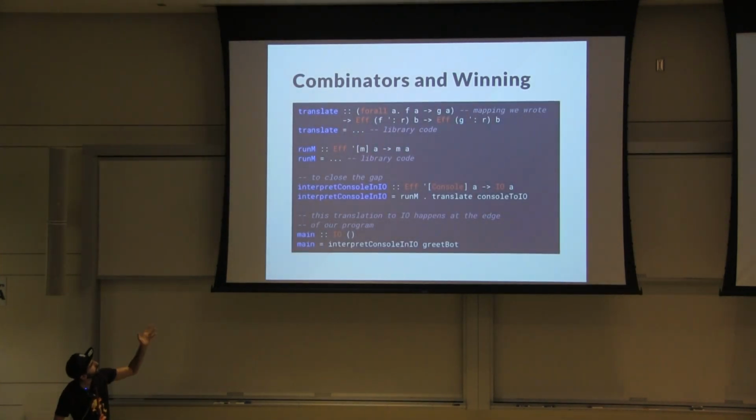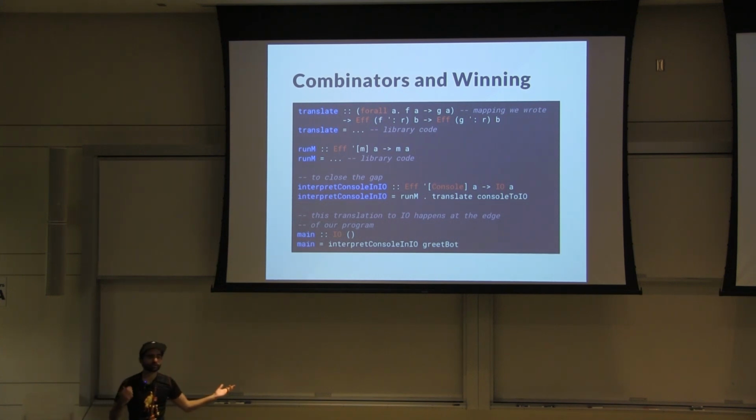And so translate gives us the ability that so long as we have a way to go from F A to G A, we can do that same transformation when all of it's happening in the Eff machinery. runM discharges all of the Eff machinery if there's only one monad in the list.